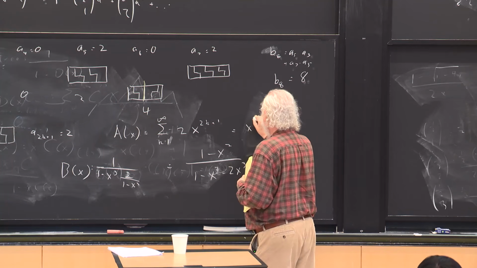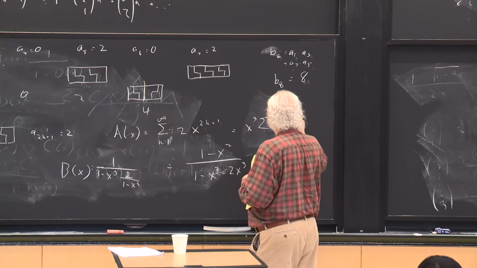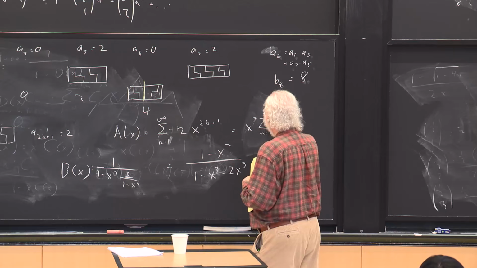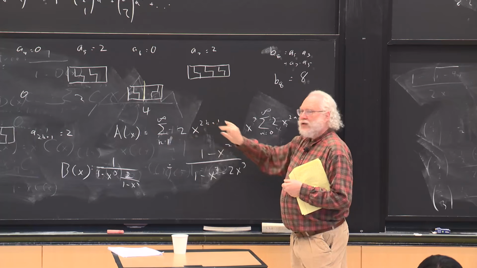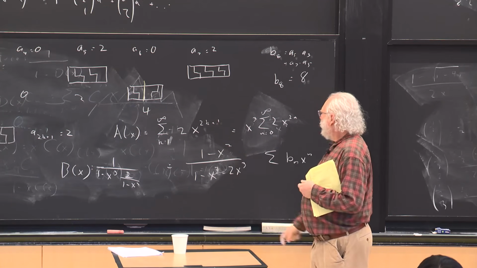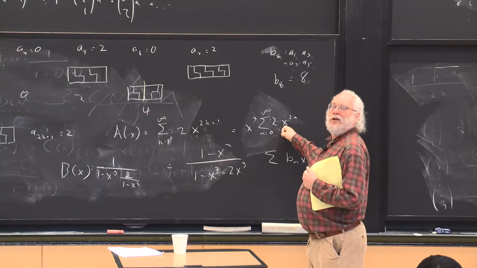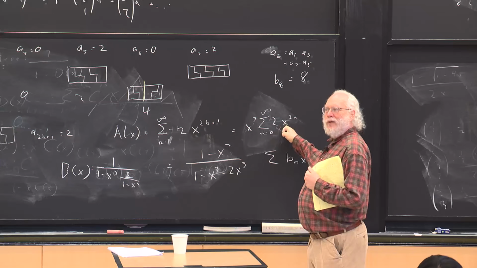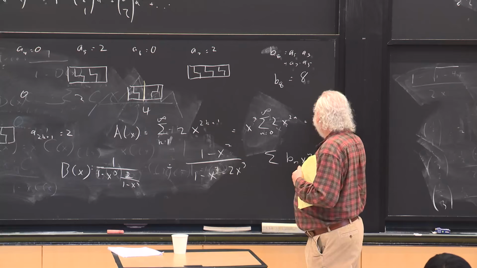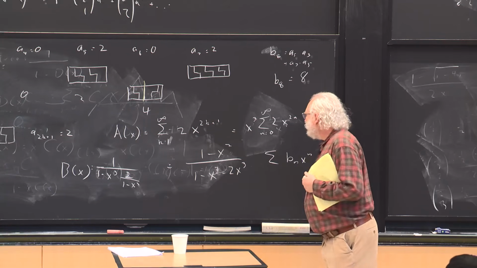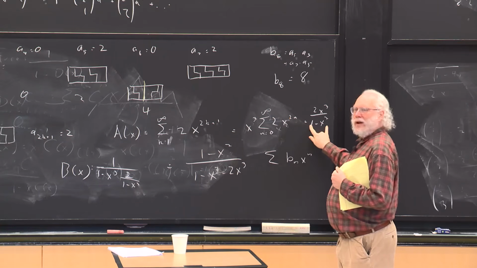This is x cubed times the sum of 2x to the 2n, n equals 0 through infinity. Because the smallest one of these is x cubed, so you can multiply by that, and then you have all the even ones after that. And now this, you should know the formula for a geometric series, is equal to 2x cubed over 1 minus x squared, because the sum over n equals 0 to infinity of x to the 2n is 1 over 1 minus x squared.